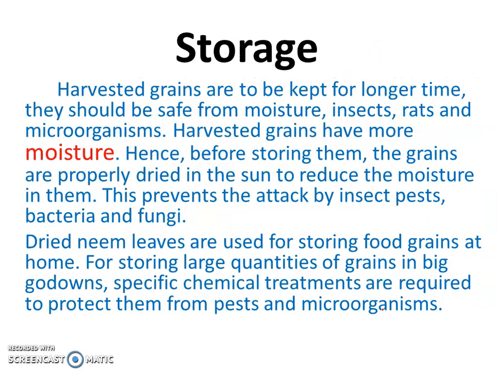Right? Then the storage. This is a very important part of crop production. The harvested grains are to be kept for a longer time. They should be saved from moisture, insects, rats, microorganisms. Harvested grains have more moisture, right?